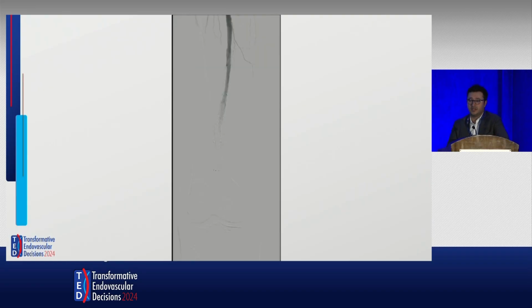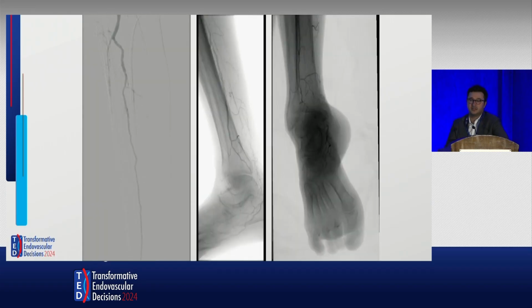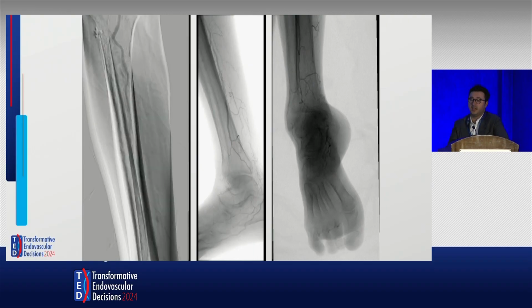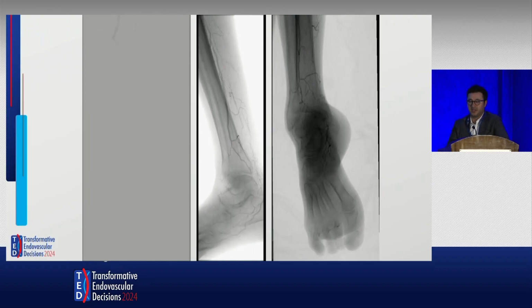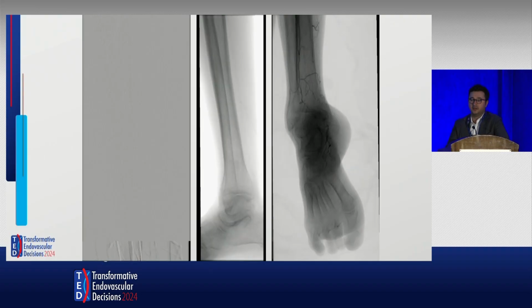You can see here her angiogram. You can see a widely patent SFA with a proximal popliteal, distal SFA stent and decent BK pop runoff. And then going distally, this patient has an occluded anterior tibial artery, single vessel runoff via a peroneal artery, and the wisp of a common plantar artery at the ankle.